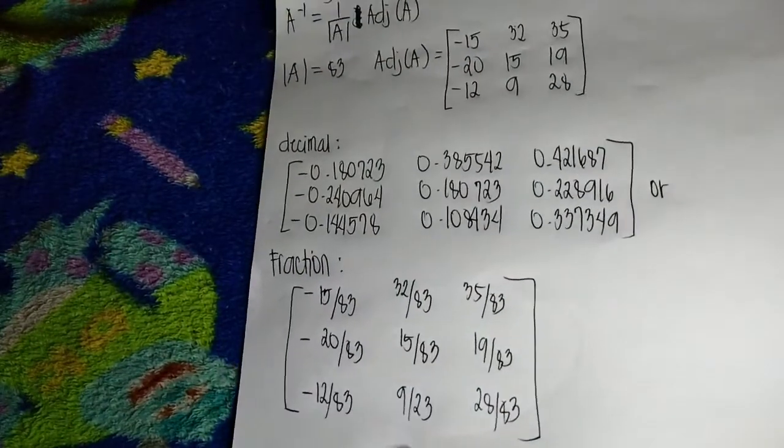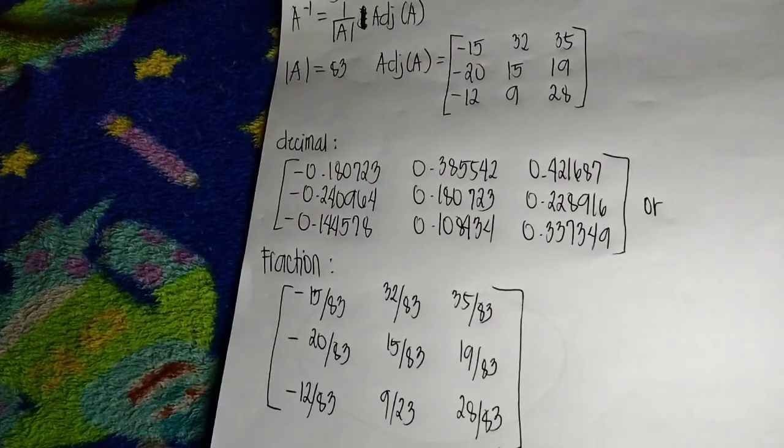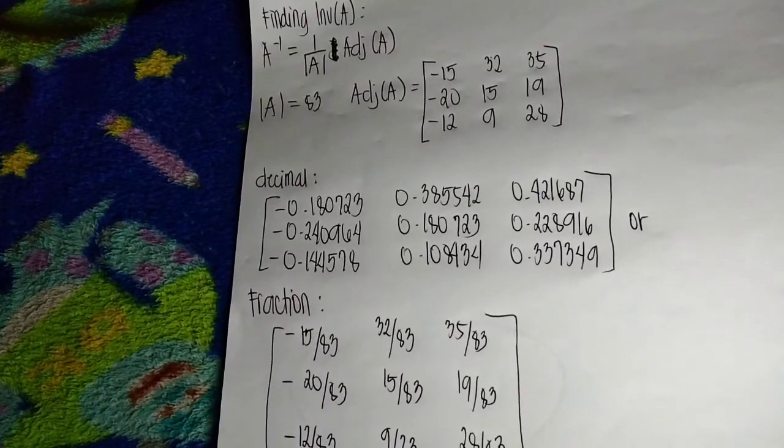I hope na may natutunan kayo sa video na to, and hopefully it will enlighten your mind na maka-understand kayo sa pag-gets ng inverse of the matrix. So, in getting the determinant, may another way din po, and also in getting the adjoint, may another way po, and I will explain that in our next videos.